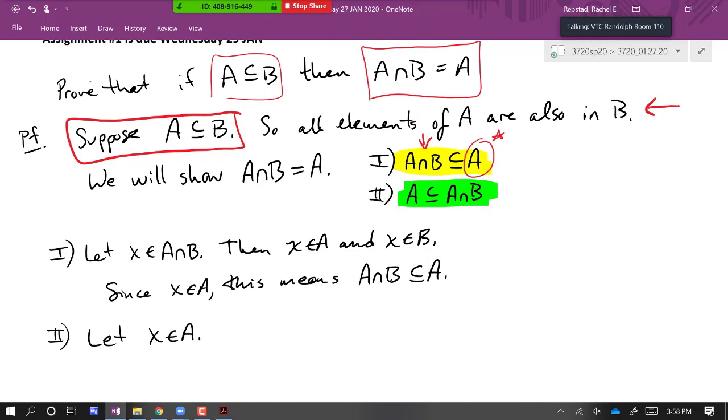So we have this element X that's in A. Where do we also know it lives? Yeah, that's by our supposition, right?